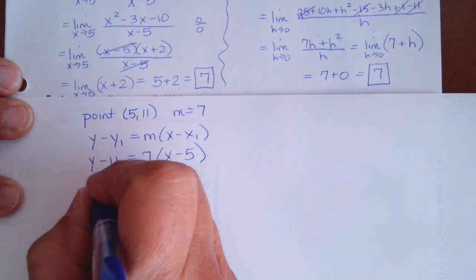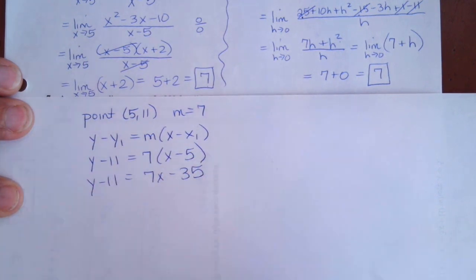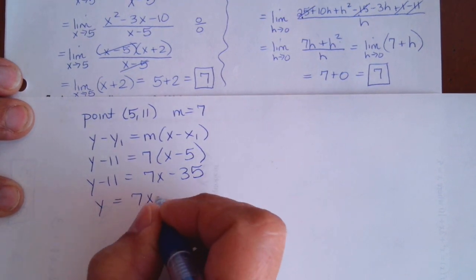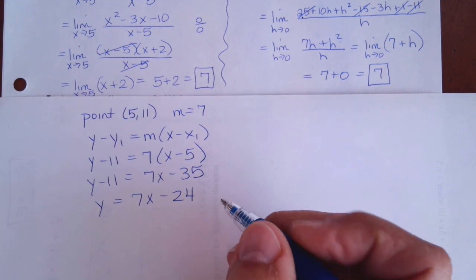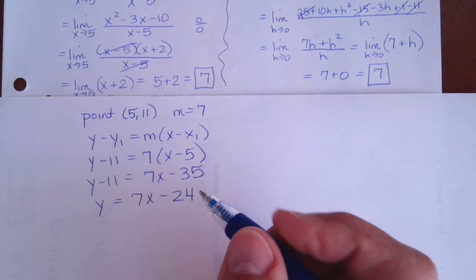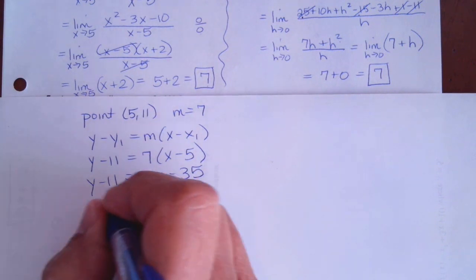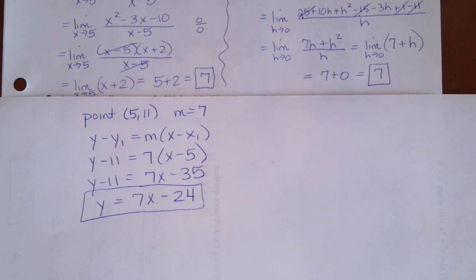So we end up with y minus 11 equals 7x minus 35. And then just add 11 to both sides. So we get y equals 7x minus 24. Okay. So there's your equation of the tangent line.